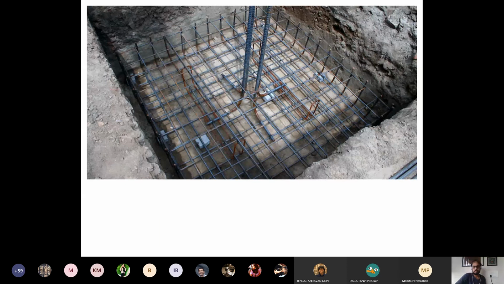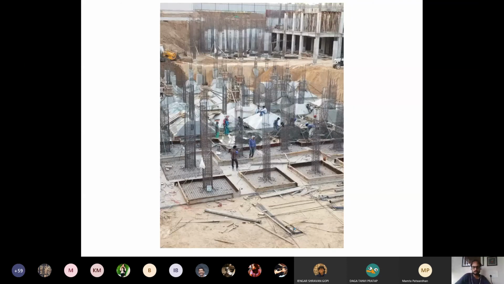I'm just showing you a site photograph where many trapezoidal column footings have been constructed. Some of them have also been built as continuous footing from which the trapezoid emerges.